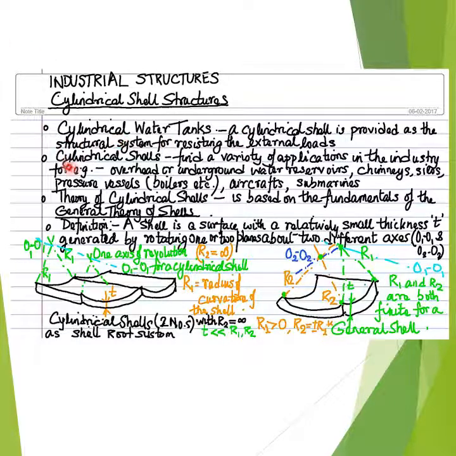There are a number of other examples or instances of cylindrical shell structures or simply cylindrical shells in the civil engineering industry, and the variety of applications that the cylindrical shells find in the civil engineering industry range over a broad spectrum of industrial structures.